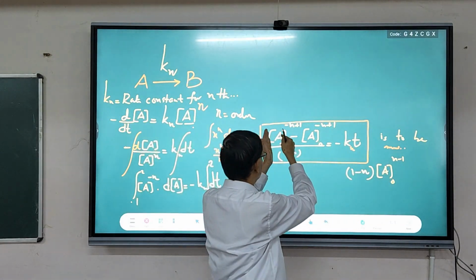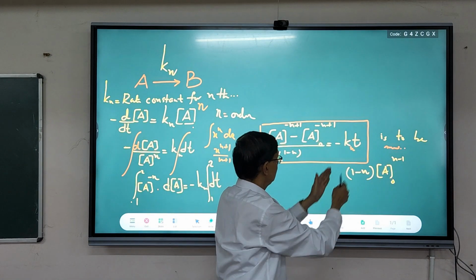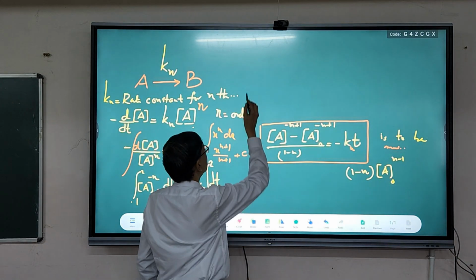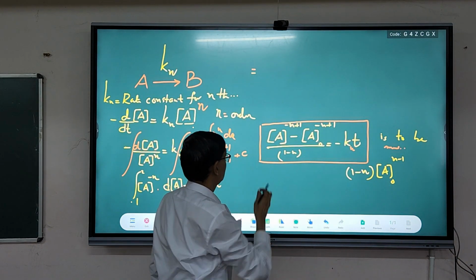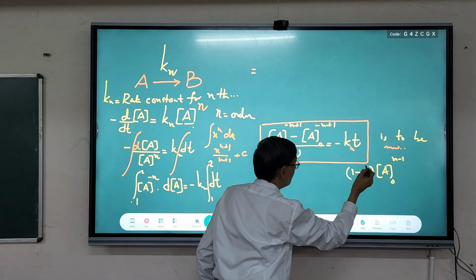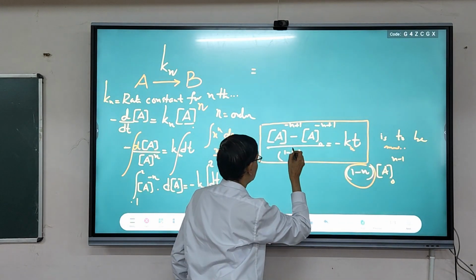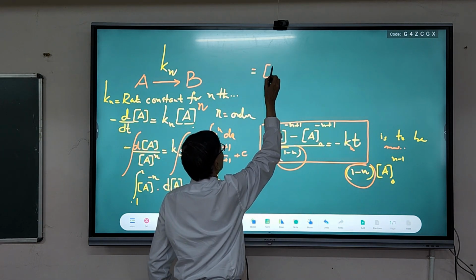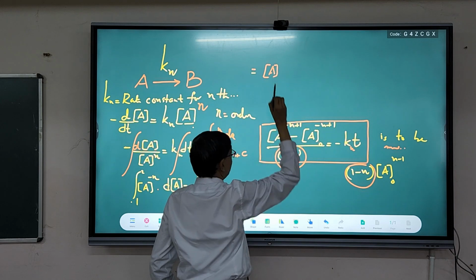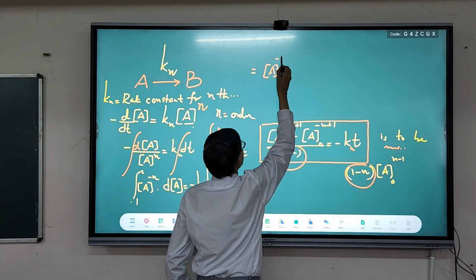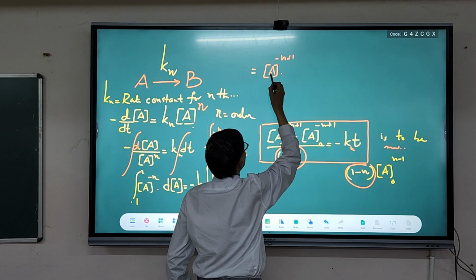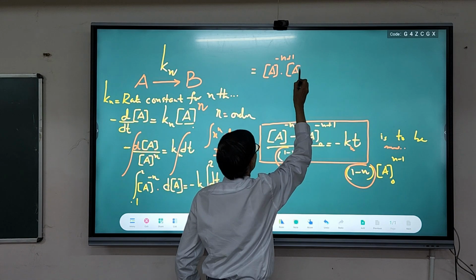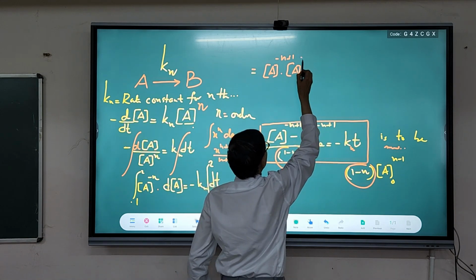This part is multiplied with this part, multiplied by this. So this 1 by n cancels out, and it will be A to the power minus n plus 1 multiplied by A0 to the power n minus 1.